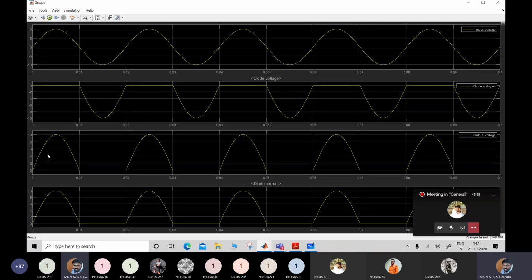Ripple factor is defined as the ratio of the effective value of the AC component of the voltage or the current to the direct or the average value.